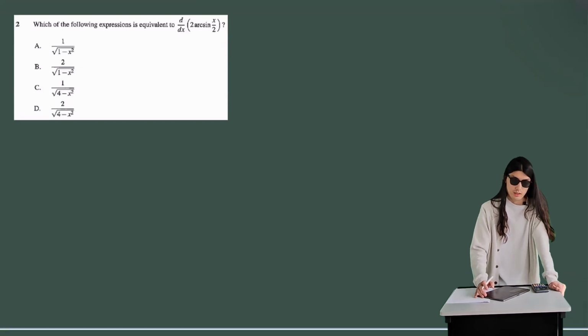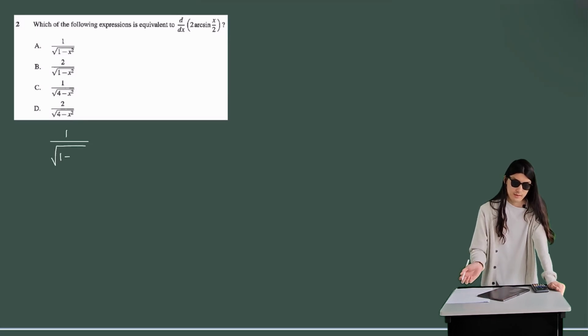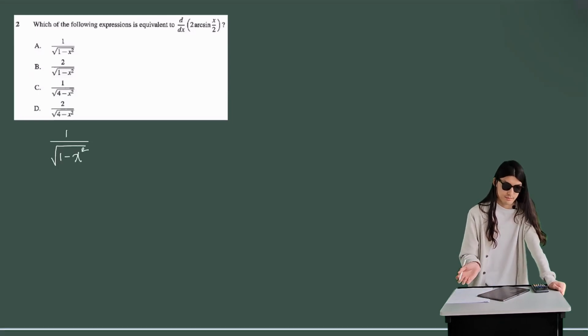Simple differentiation question. So, the derivative of inverse sine is given by 1 over the square root of 1 minus. And if it is the derivative of inverse sine x, you would have x squared under that square root, like that.